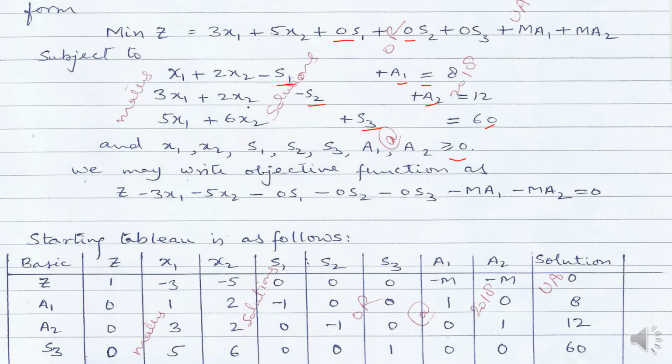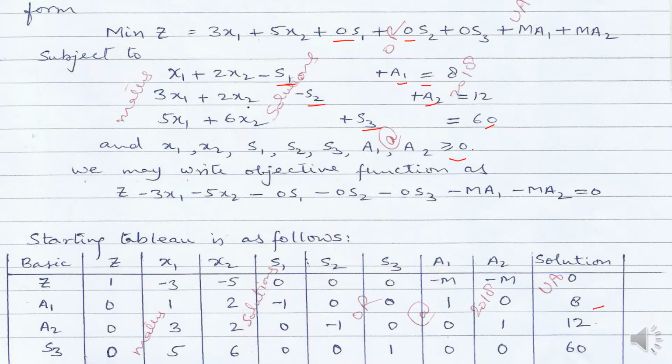From here we formulate the table, and we see that in the constraints a1, a2, s3 are the basic variables, so we take them as basic variables, and x1, x2, s1, s2 are the non-basic variables, which we take as 0.